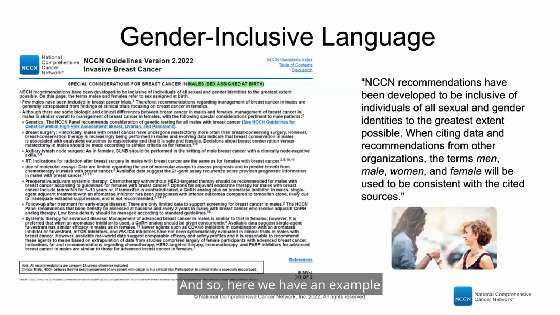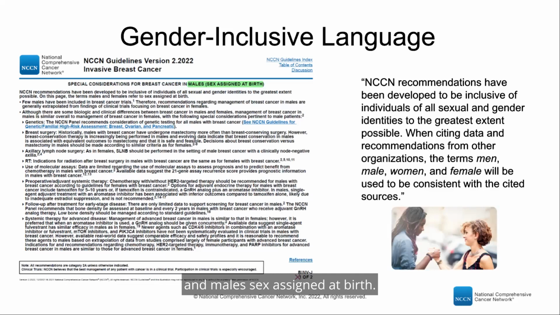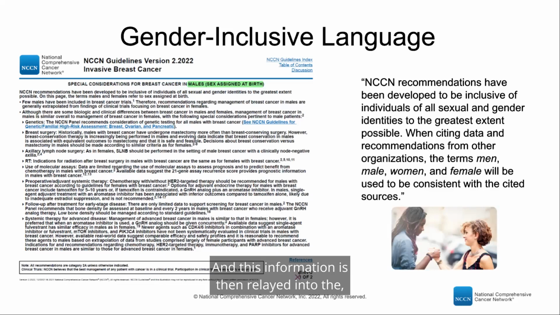And so here we have an example from the clinical practice guideline on the left about the special considerations for breast cancer in males, sex assigned at birth. And this information is then relayed into the patient guidelines.